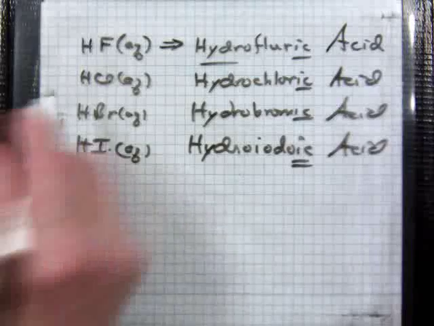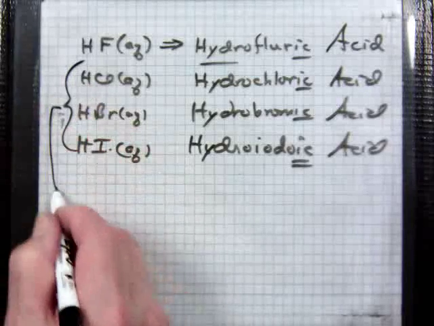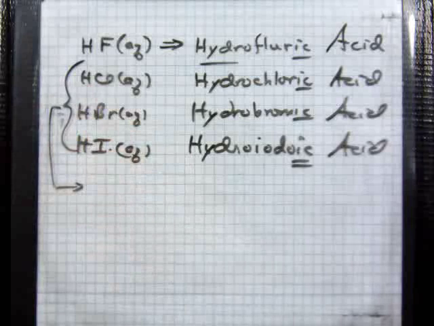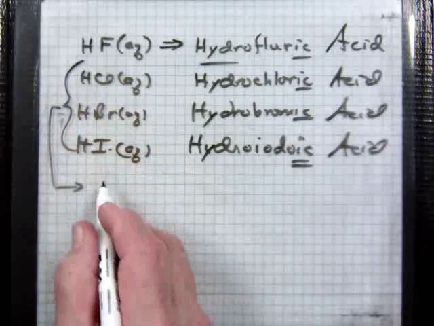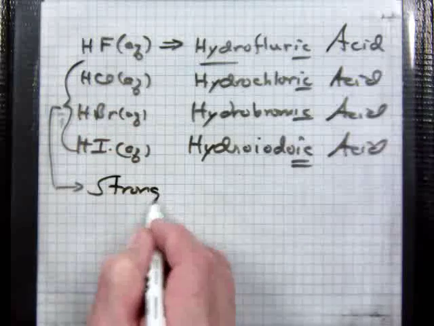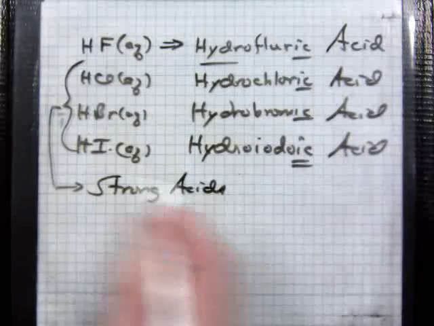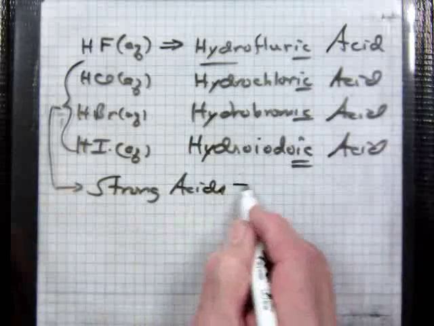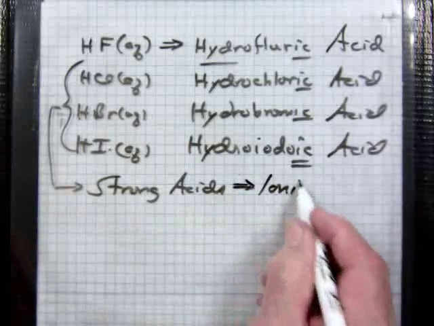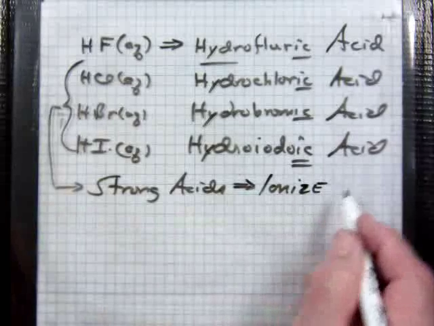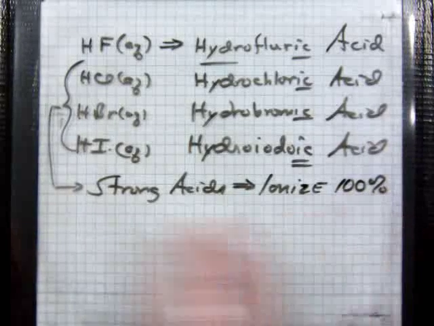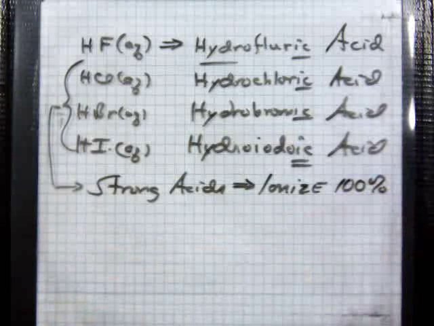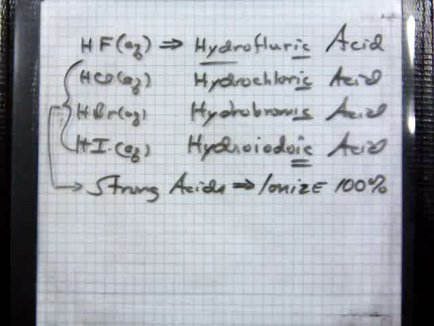Now, three of these fall under what we call, and you'll see this in the early next chapter, strong acids. Just a preview. That means they ionize 100%. You will not find any molecules of HCl, HBr, HI in the water solution. But hydrofluoric is the only weak acid in that collection.